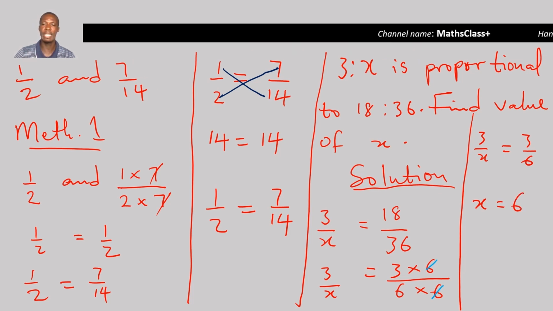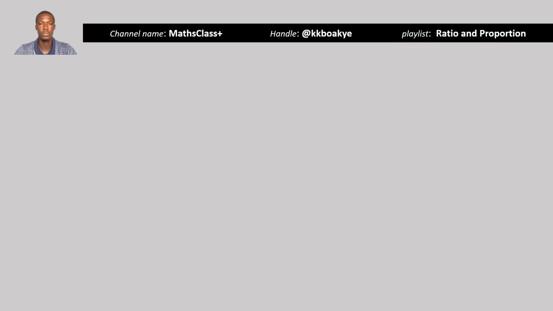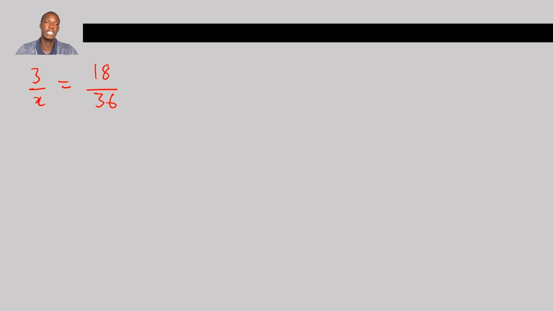Now the second method, method 2, we have 3 over x equal to 18 over 36. What we will do is cross multiplication. So 3 will multiply 36, and then x will multiply 18.